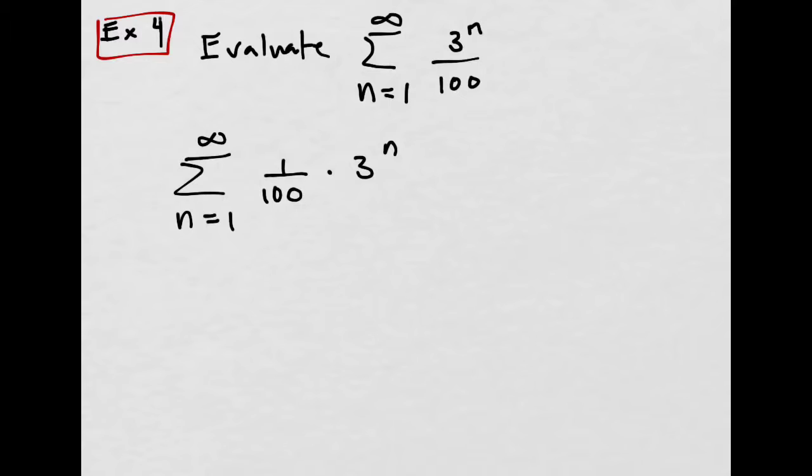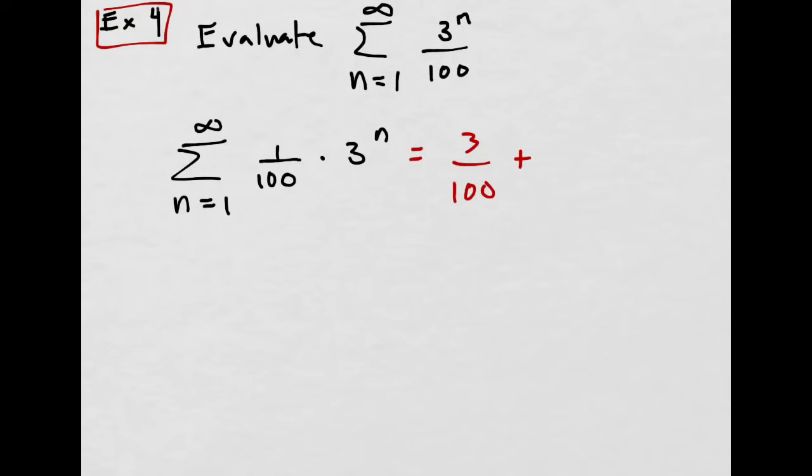I'm going to try and work it out. So let's see. The first term, when I plug in a 1 there, would be 3 times 1 over 100. That would be 3 over 100, plus the second term. Well, when I plug in 2, that would be 3 squared, that would be 9. In fact, I'm going to write it like this, because I know what's going to happen, because I've done these.